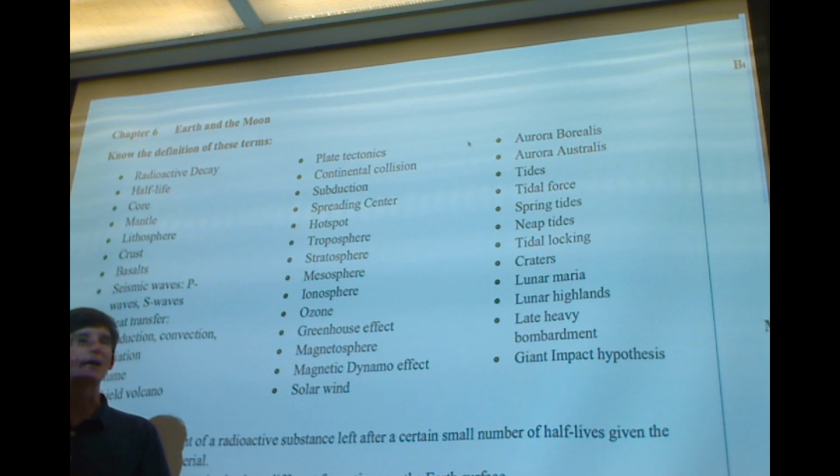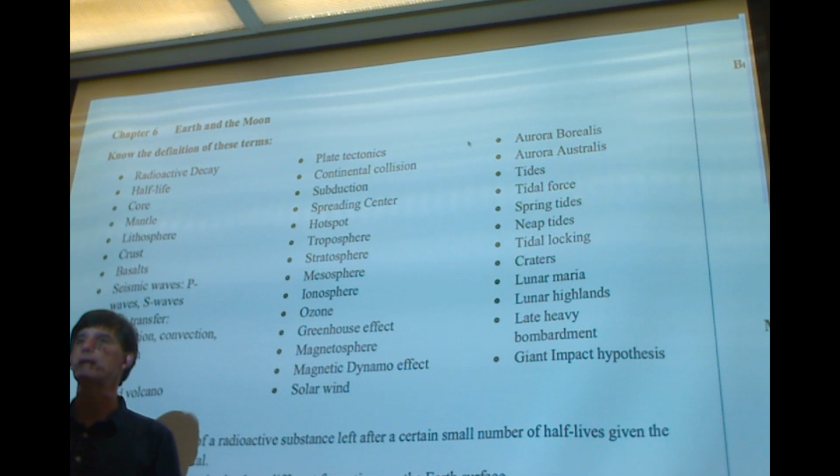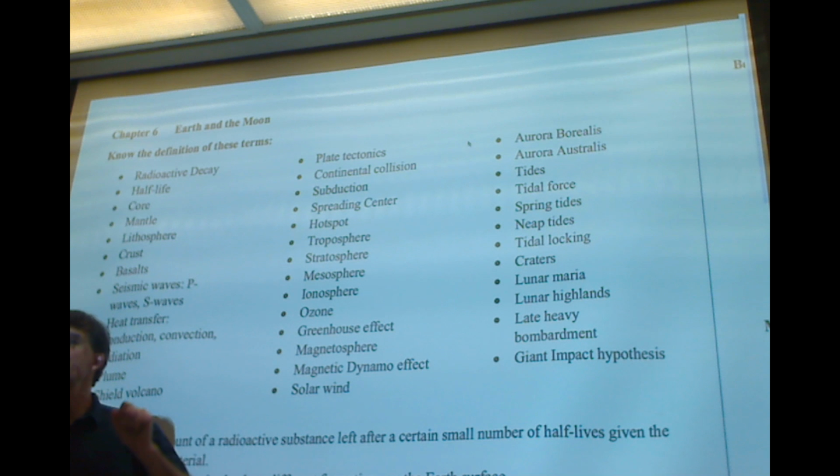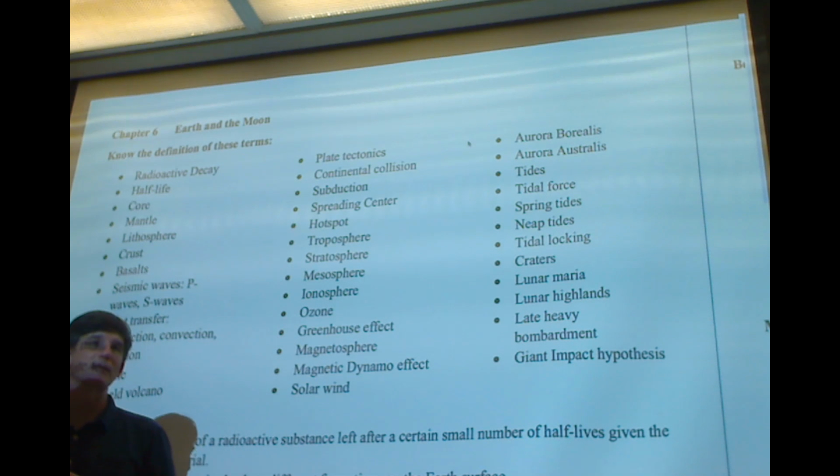So what about the highlands? Do we see evidence of flooding there? No, no flooding, just lots and lots of what? Craters, lots and lots of craters. So which surface is very old and which surface is relatively young? The highlands are old. They've been there since the beginning, basically.